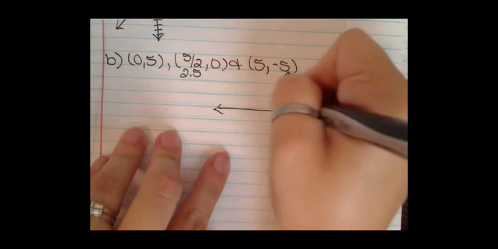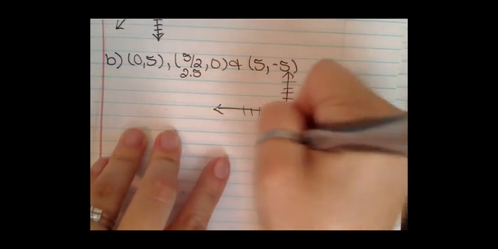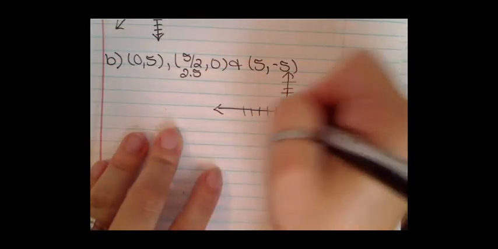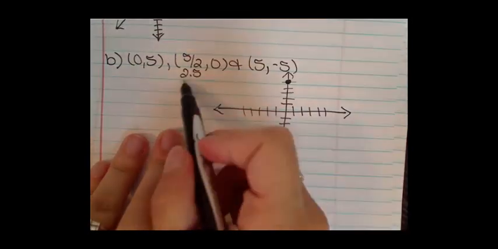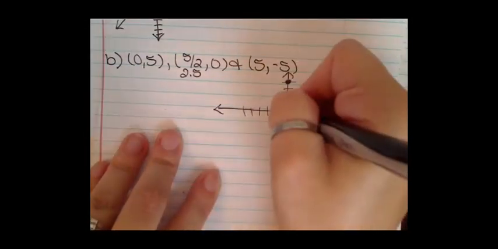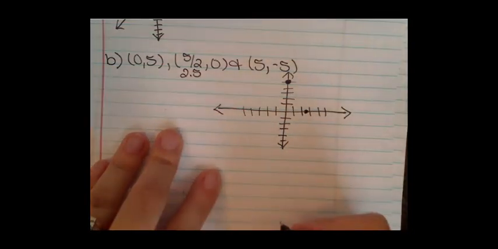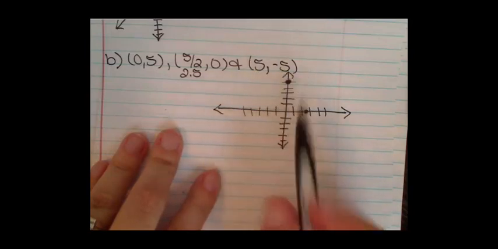Okay, our first point is 0, 5. So we don't move left or right, but we do move up 5. Our next point is 2.5 and 0. So we're not going to move up or down at all, but we're going to go over there. And then our next point is to the right 5 and down 5.